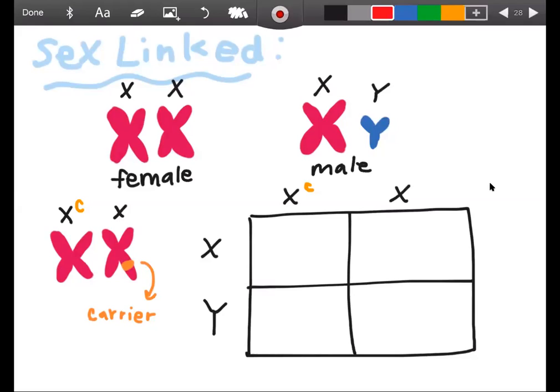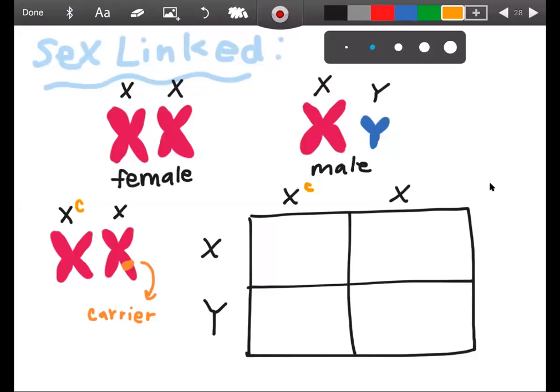And that means that usually they are on the X chromosome. Here we have a regular female set of sex chromosomes, which are XX in a human. And in males, we have our XY chromosome. When an X chromosome carries a disease such as red-green color blindness or hemophilia, it'll be on one of the X chromosomes.